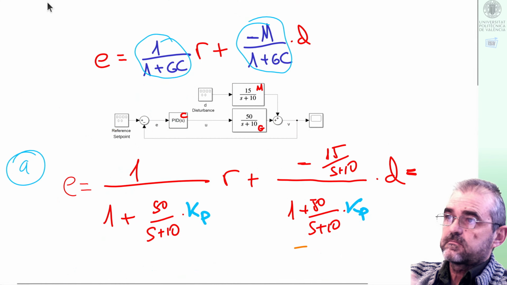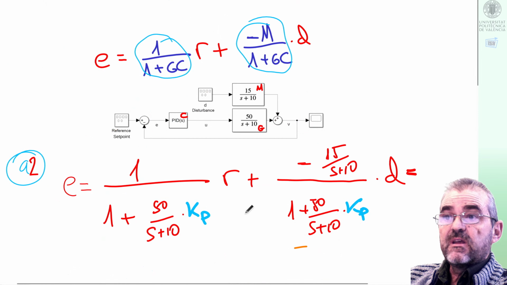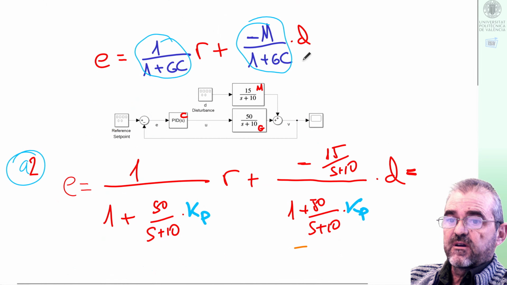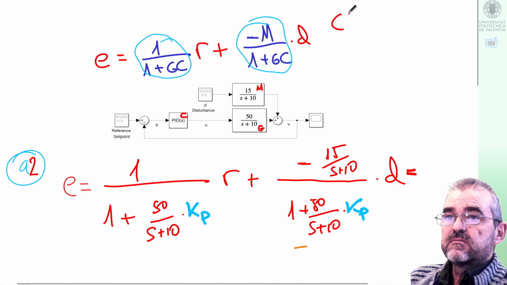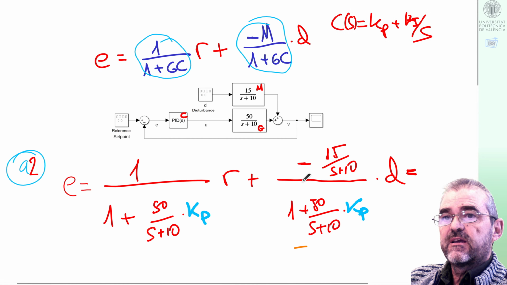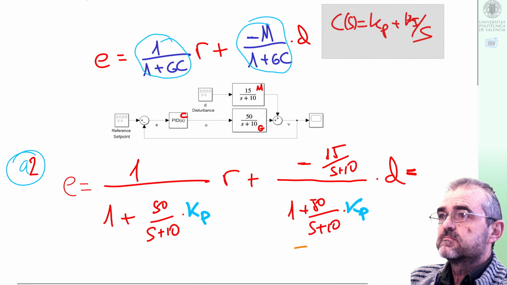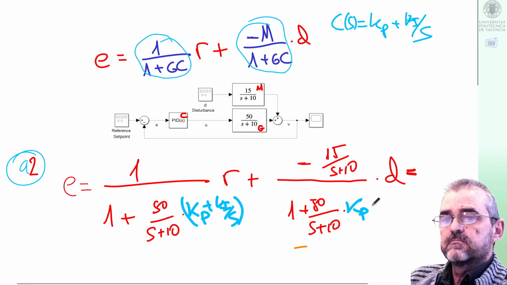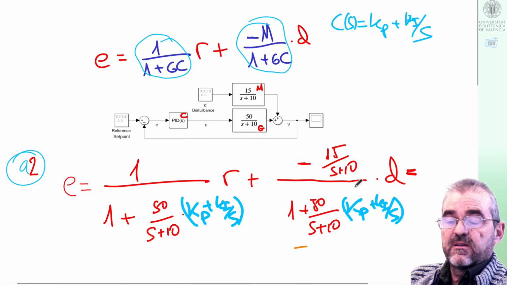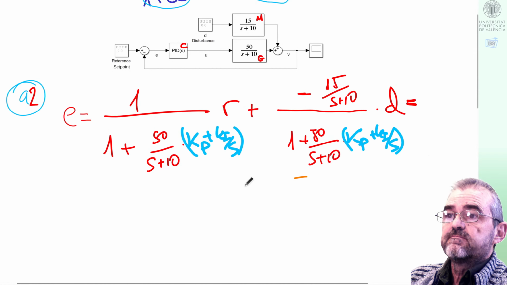So if I now repeat the computations with a proportional integral controller like this, it's just copying and changing a little bit the denominator.